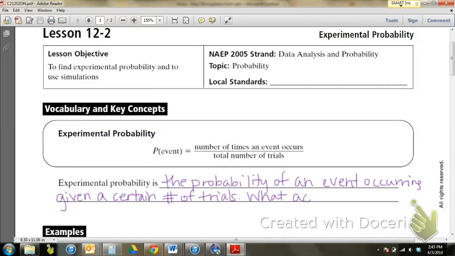It's what actually happened, not what should happen.